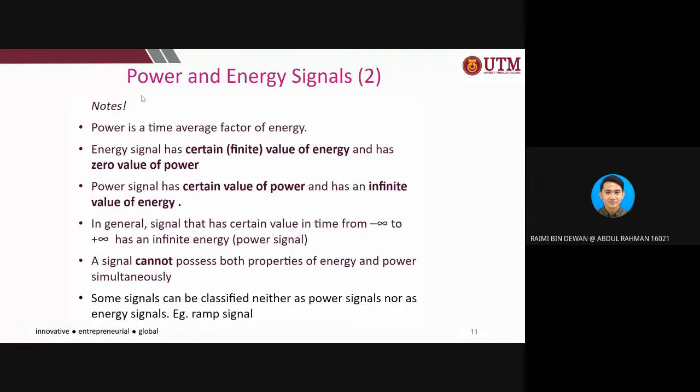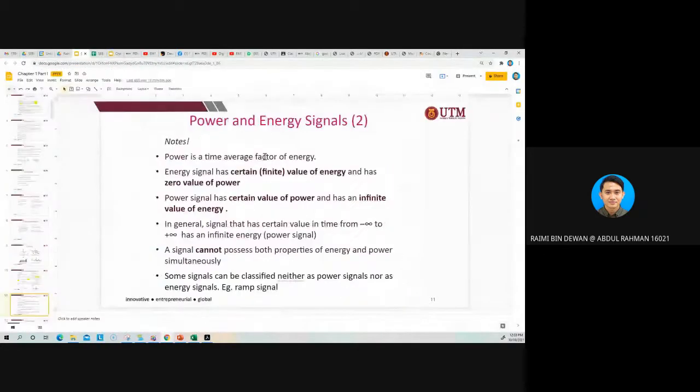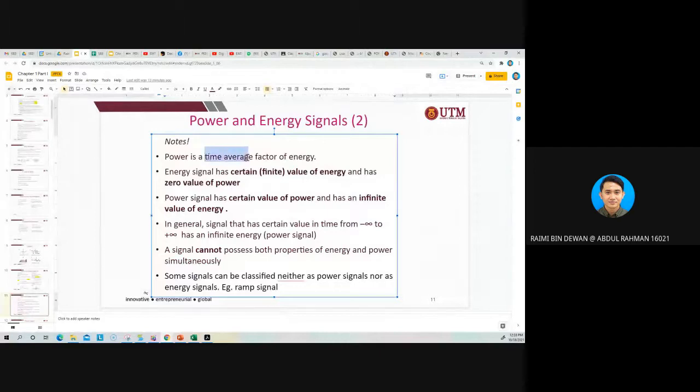Note that power is a time average of energy. An energy signal has a certain finite value of energy and has zero power. We need to make a differentiation here so that you know: power here is the time average. I highlight it here so that you will see it more clearly and can focus.